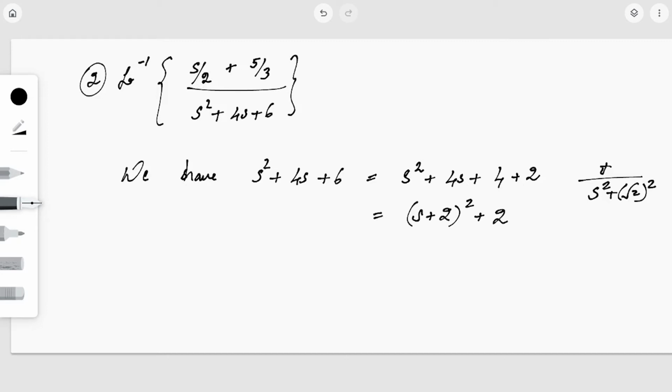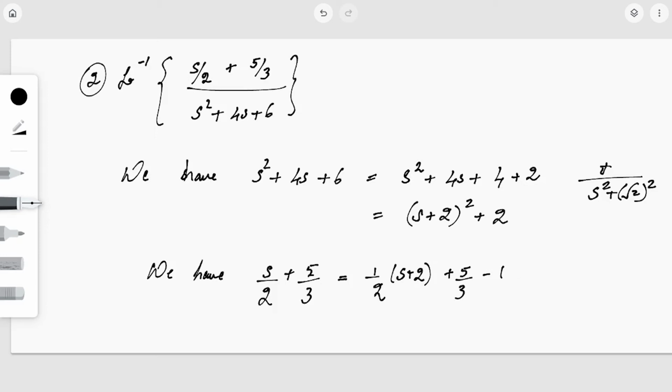So we have 1 by 2 or s by 2 plus 5 by 3 is nothing but half of s plus 2 plus 5 by 3 minus 1. That is, I'm just adding 2 by 2, then only we'll get s plus 2, that is adding and subtracting 1.